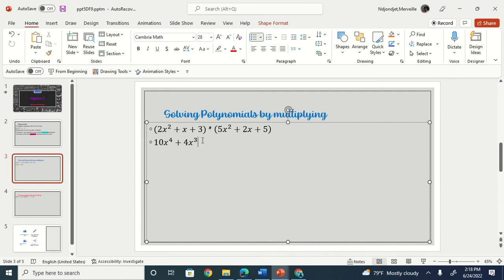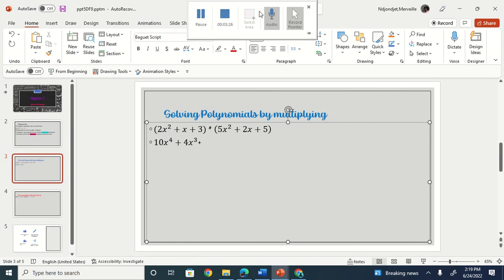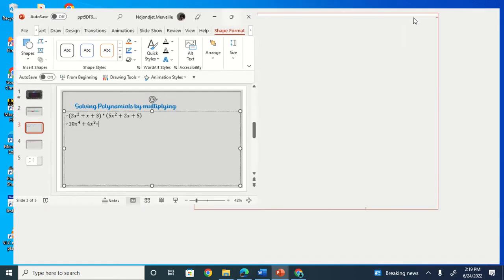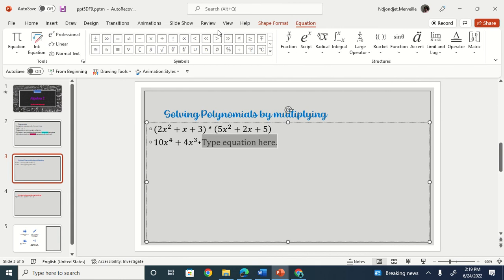Now we got 2x squared times 5, which is going to be 10x squared.